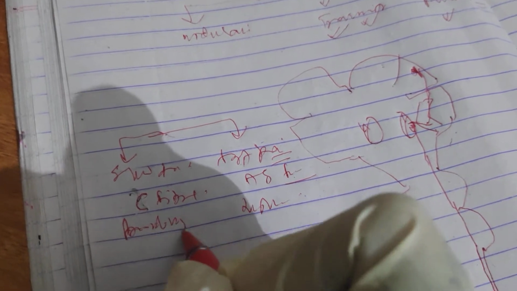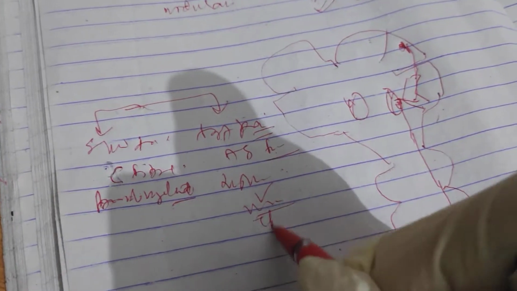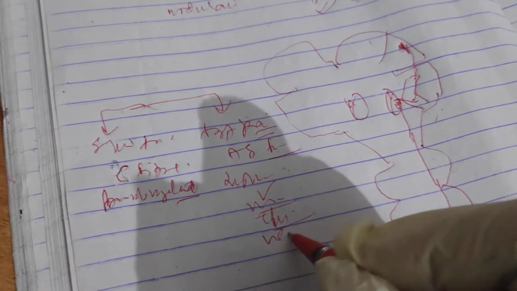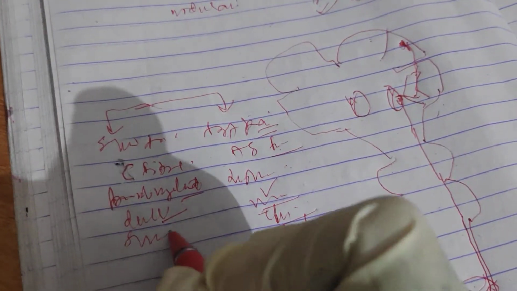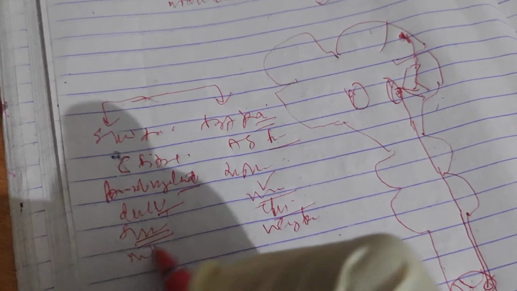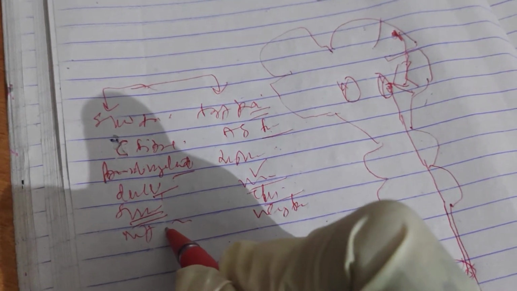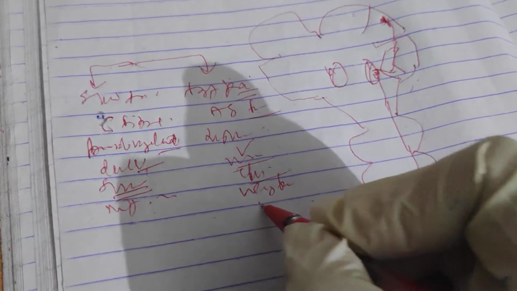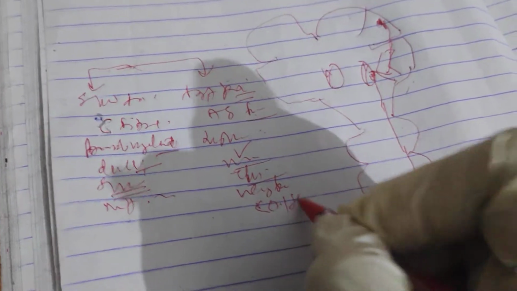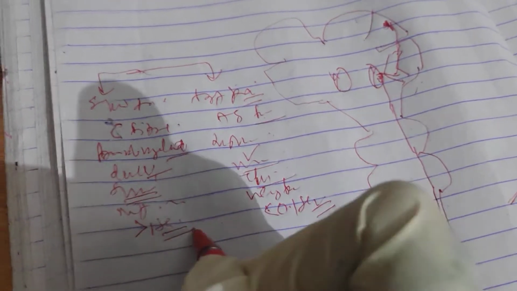Fast pain is very accurate, very efficacious, and very fast, and slow pain is dull, slow, and not accurate. The site from where the pain is coming is not judged properly. Fast pain is felt in less than 0.1 second, and slow pain takes more than 1 second to perceive.